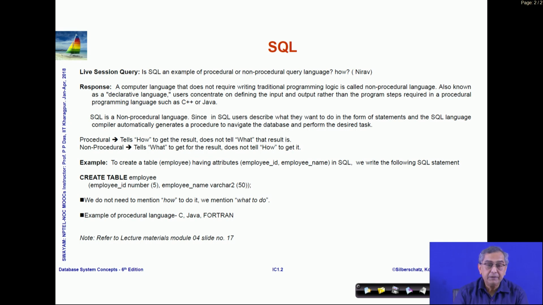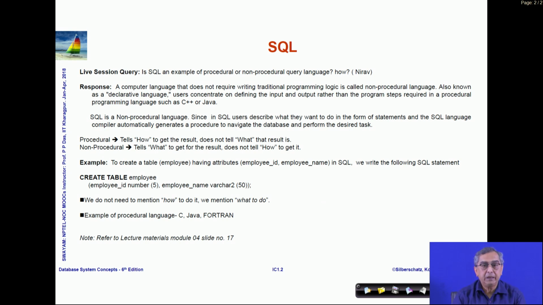In that style, you will find that the most typical SQL query, select from where, specifies what you want. You are saying that I want the answer to my query from such and such table, that is the from.